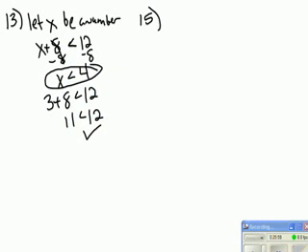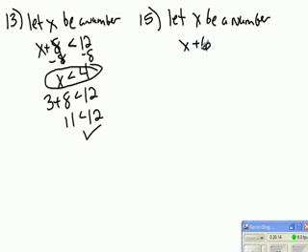Number 15 is the last one in this lesson that I'm going to do. So again, define my variable. Let x be a number. So it says the sum of a number and 6. Again, that's adding. So a number plus 6 is greater than or equal to negative 4. I would subtract 6 to get the 6 over with the other numbers.